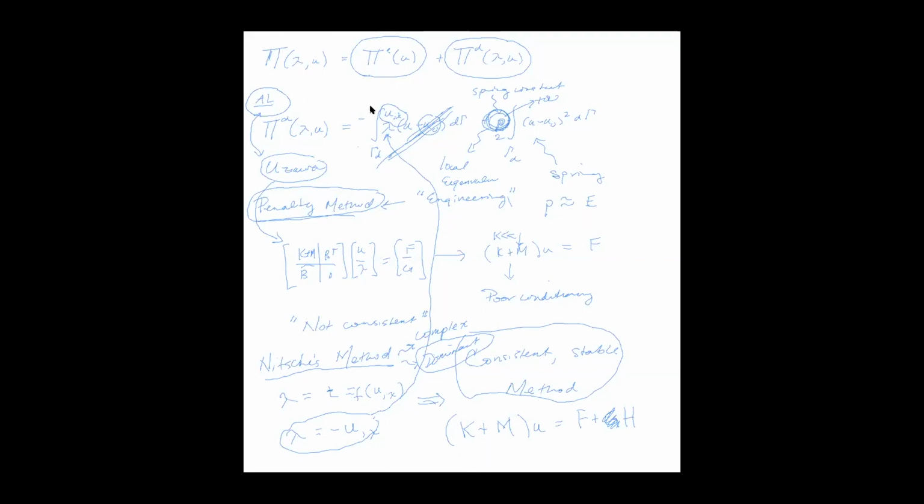Do you know if commercialized codes use Nitsche's method right now? Oh, I'm sure some of them do, I would imagine. But it has definitely become much more popular in the last 5 years, and it's been driven mostly by the IGA community for sure.